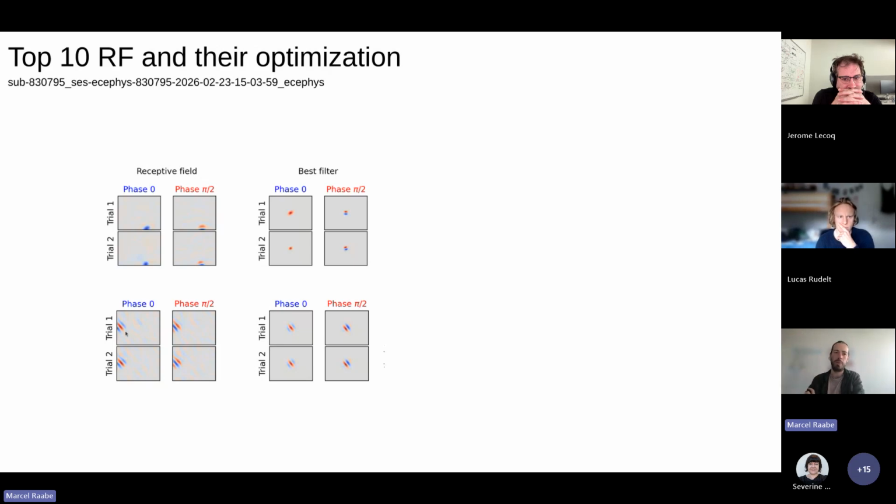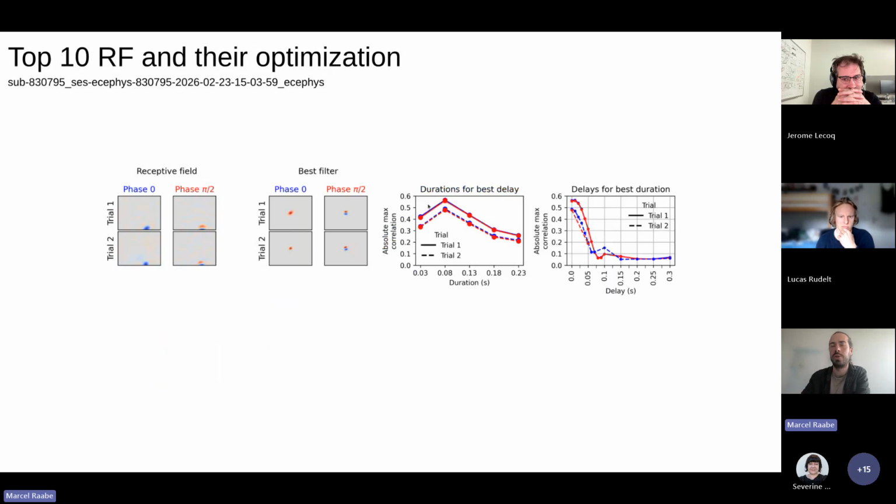These windows have two properties. There's a so-called duration, which is how long the period of spikes I'm counting is after I present a given frame of the zebra stimulus, for example. So this would be the duration, and then we have a delay.